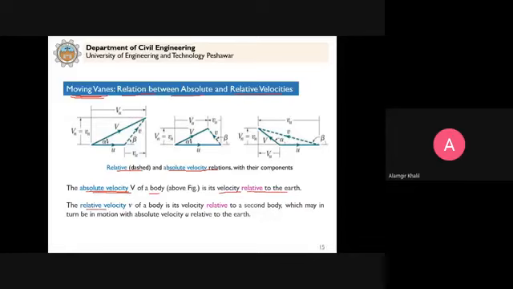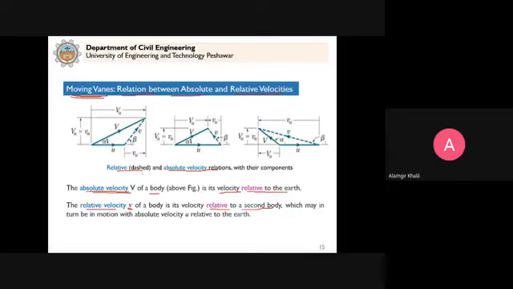The relative velocity, which we denote by this small case v to differentiate, of a body is its velocity relative to a second body. So relative to a second body, the relative velocity we will denote by this notation here. This is small case v, not nu. Actually nu we use for kinematic viscosity.